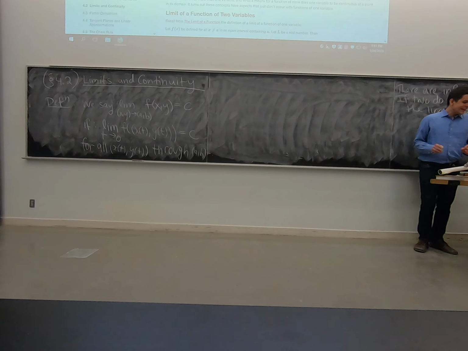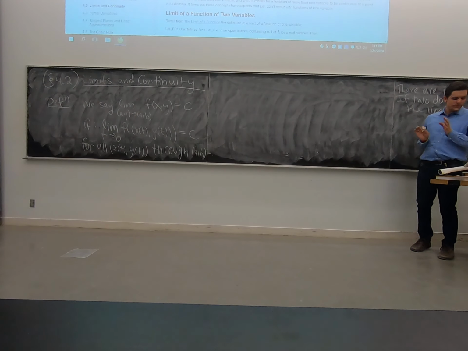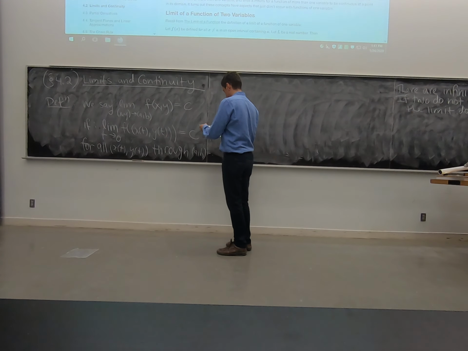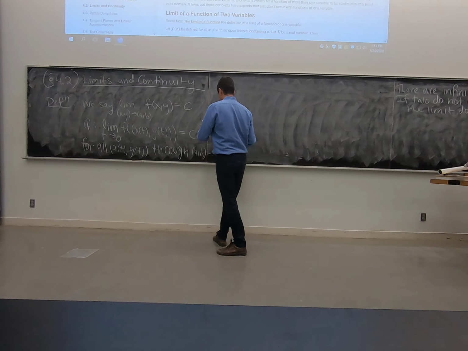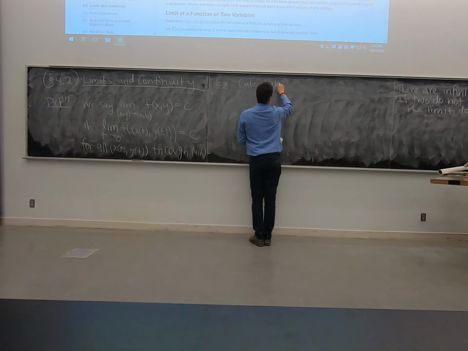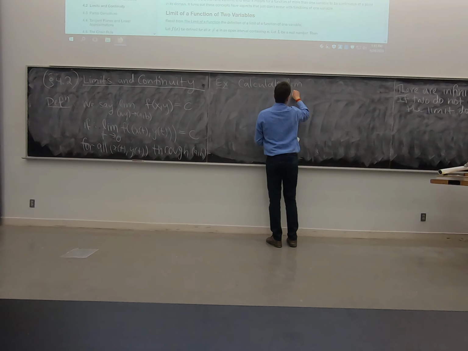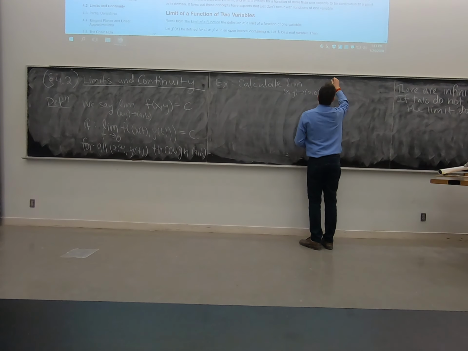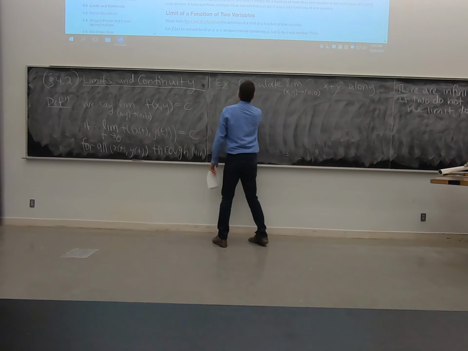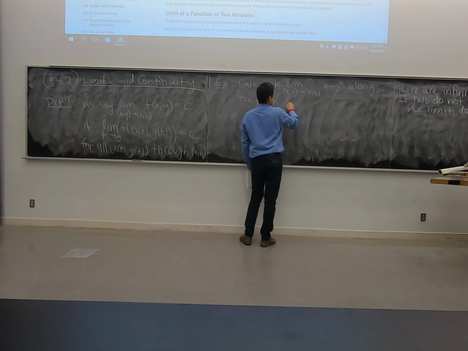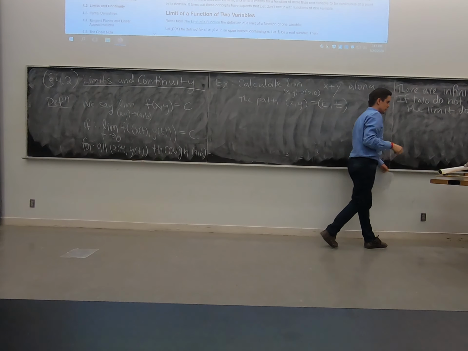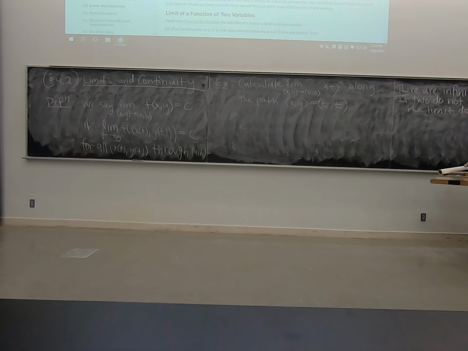So I want to do an example of computing a limit along a path. Okay? So here's a particular path.